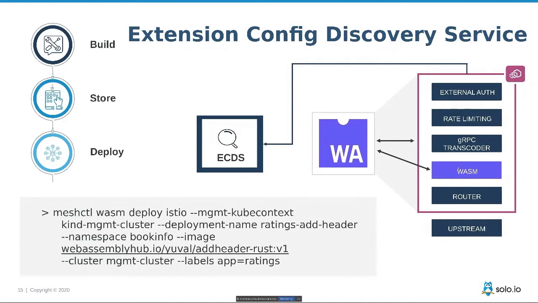Envoy only knows how to fetch using HTTP. So using this ECDS feature in Envoy, we can tell the WASM filter to grab the filter itself from our cluster agent. And our cluster agent grabs the image from WebAssembly Hub and serves it to Envoy in a protocol that Envoy understands.